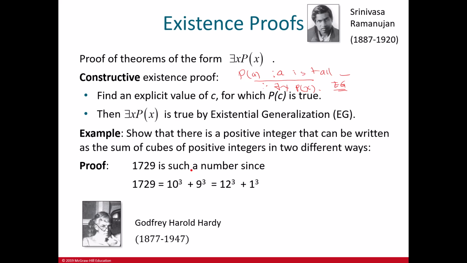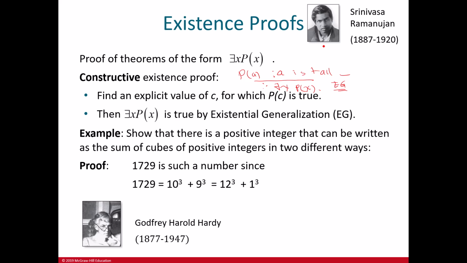This example is according to the biography of the Oxford mathematician Godfrey Hardy, who sponsored a prodigy Indian mathematician named Ramanujan early in the 20th century.